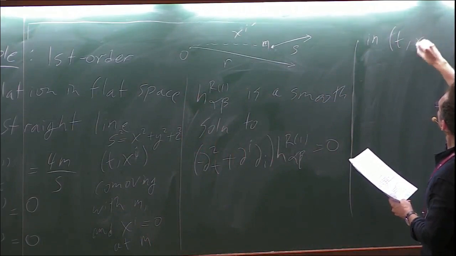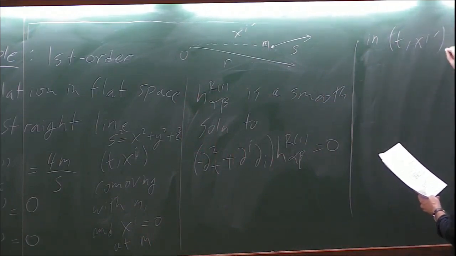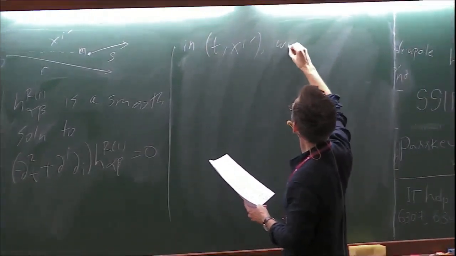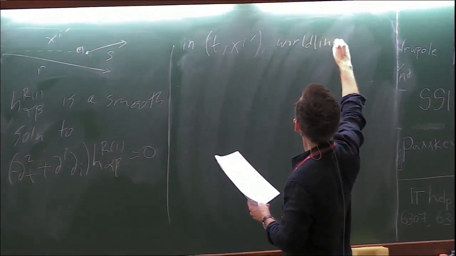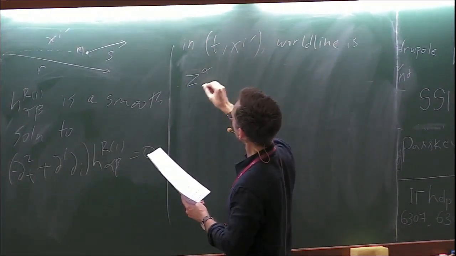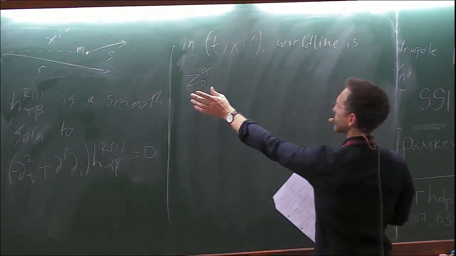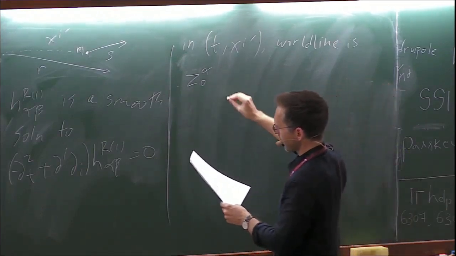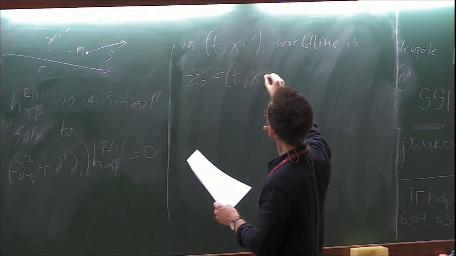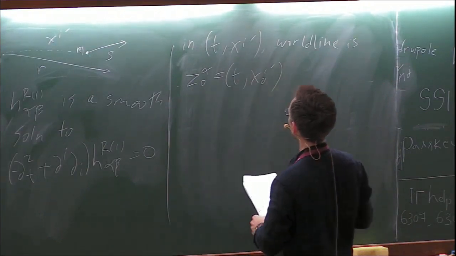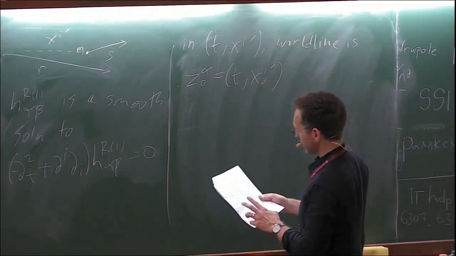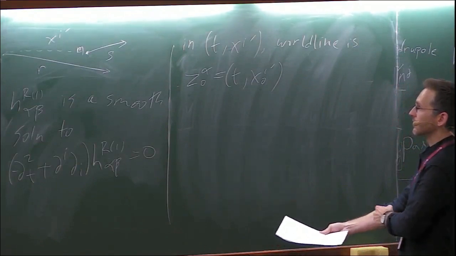So in t, x^i prime, the world line is z^alpha, let me put a 0 because I'm using the geodesic approximation. World line is t, x^i prime 0, which is some spatial position. Now let's calculate the regularization parameters.